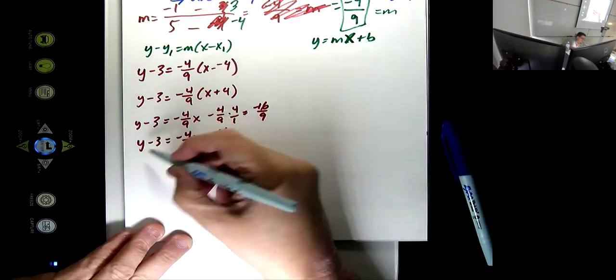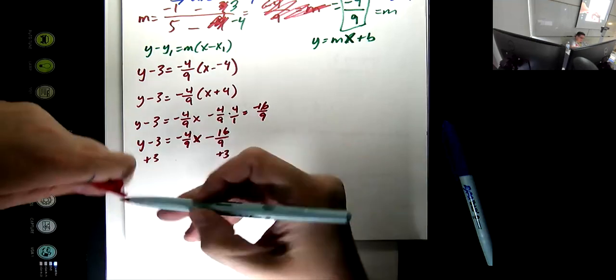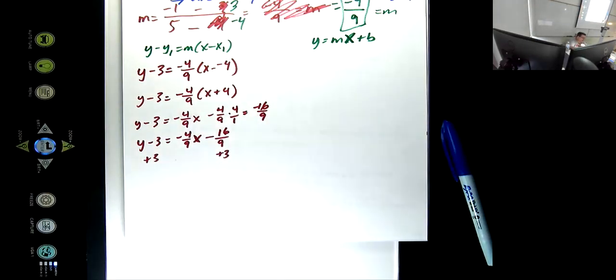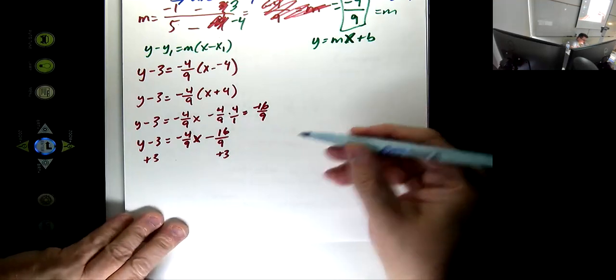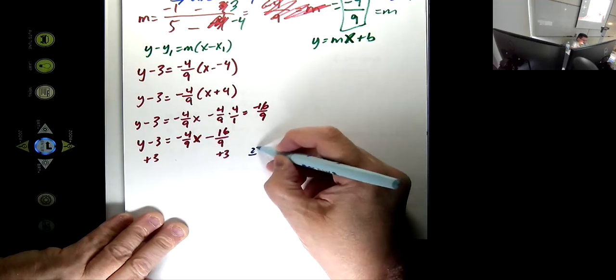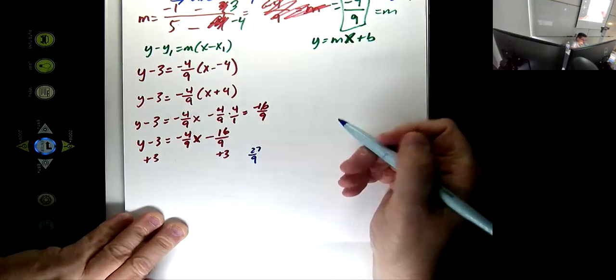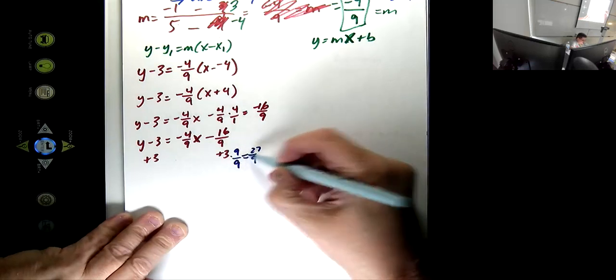So when we add 3 to both sides, we can't really add 3 as is, can we? What can we do about that? Make it 27/9. How'd you do that? 9 goes into 27 3 times. Or multiply by 9/9?